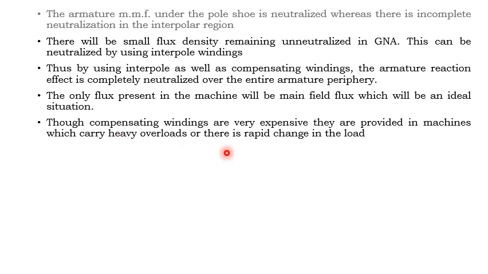Though compensating windings are very expensive, they are provided in machines which carry heavy overloads or where there is rapid change in load. So this is one drawback of using the compensating winding to neutralize the armature MMF: it is very expensive.